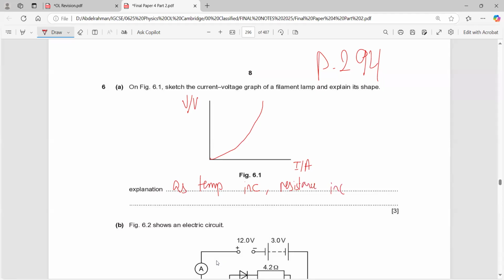When the resistance increases, it curves, or you can say that the slope increases, or that it curves towards the voltage axis. You can say that the voltage increases. This is all because of the increasing temperature.